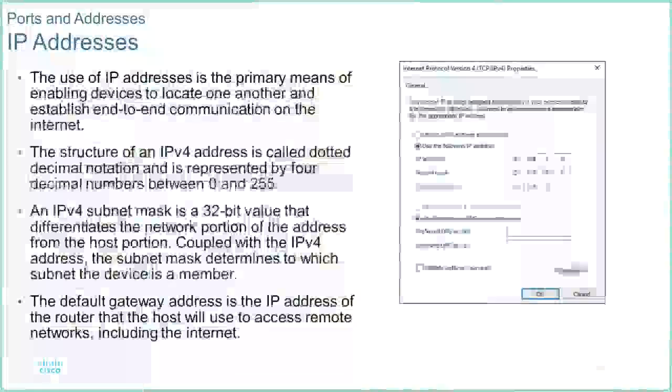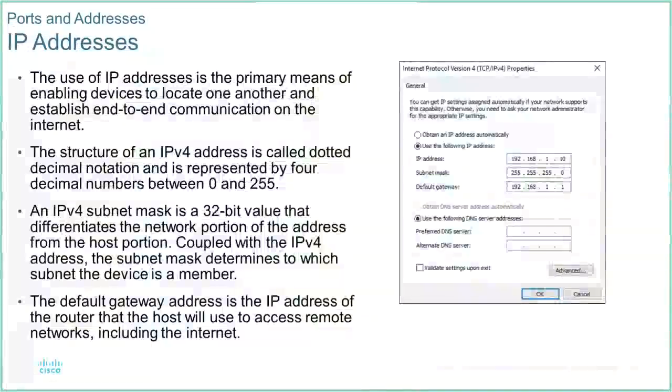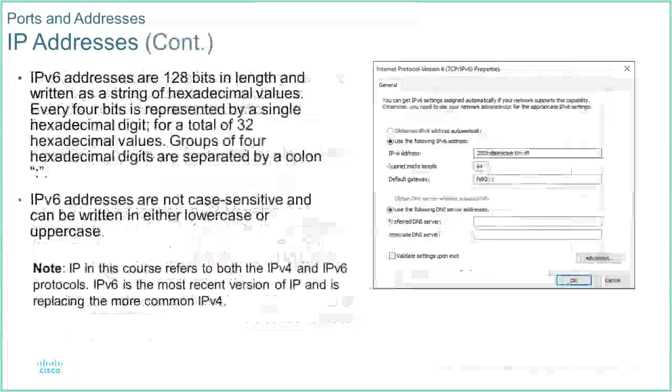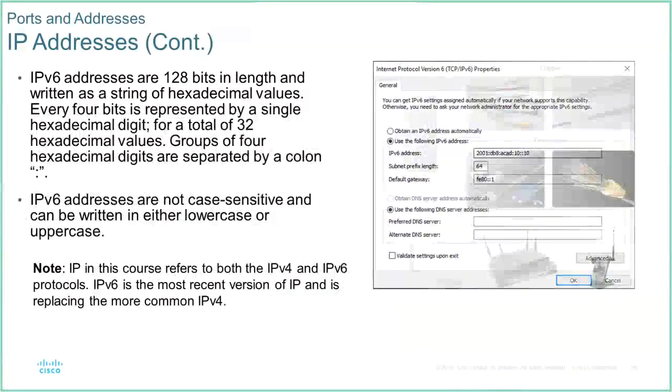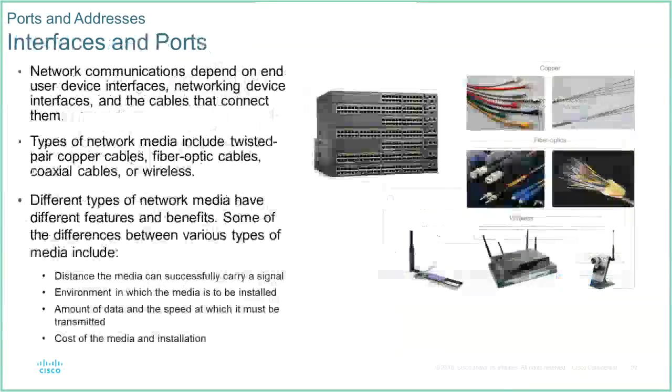IP addresses, I won't go through it again. We did it on Tuesday. I think we've done it 3 times now. Entering an IP mask, subnet mask, default gateway, how it works, IPv6, same thing. Again, we've been through it, so I'm not going to repeat it.